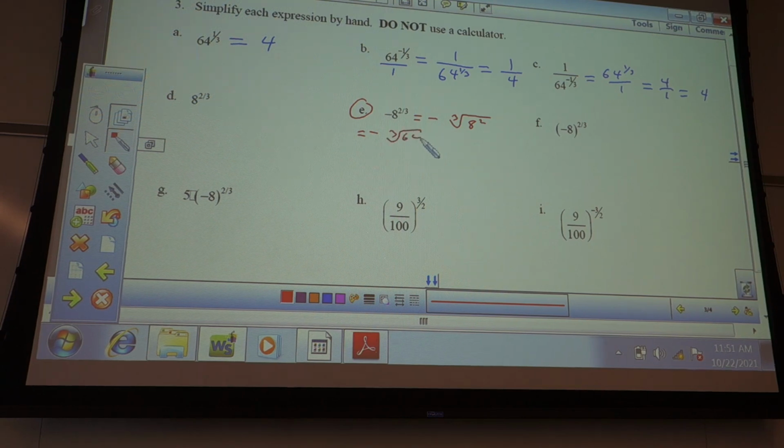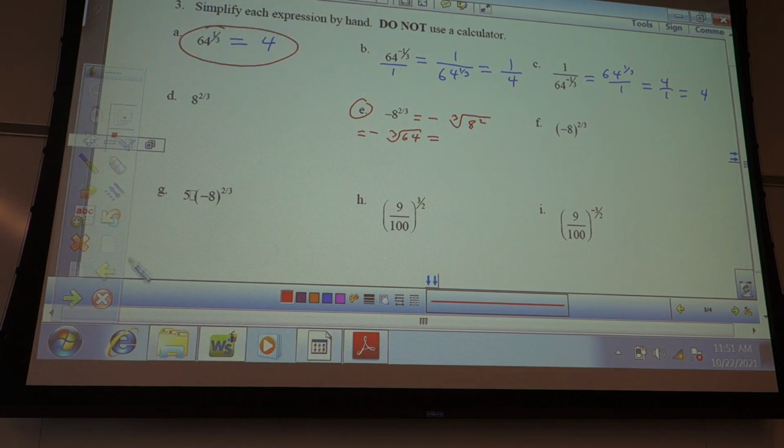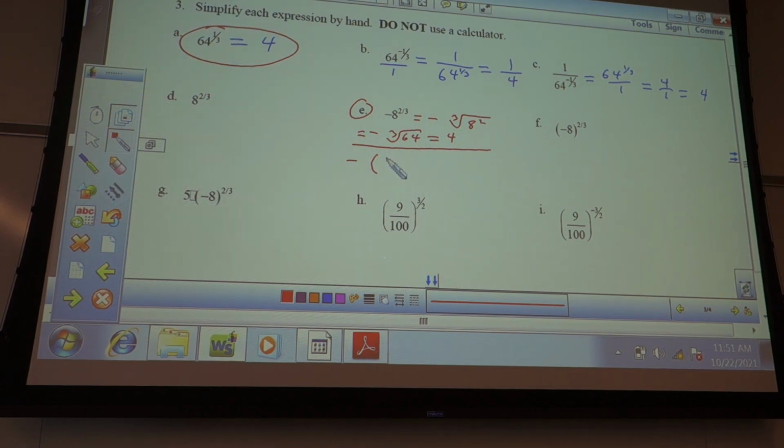What's the cube root of 64? We found it up here, 4.